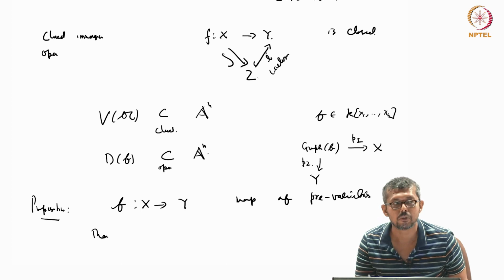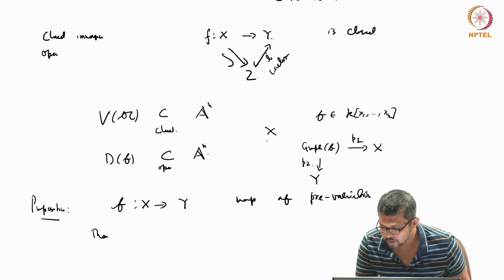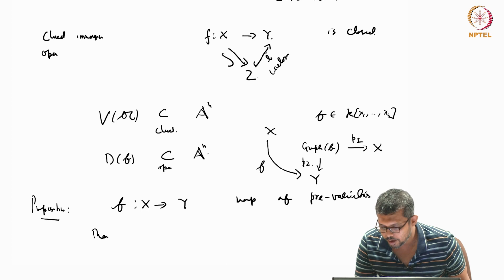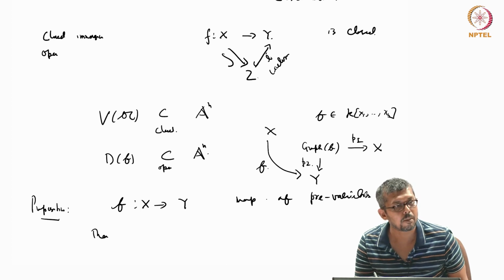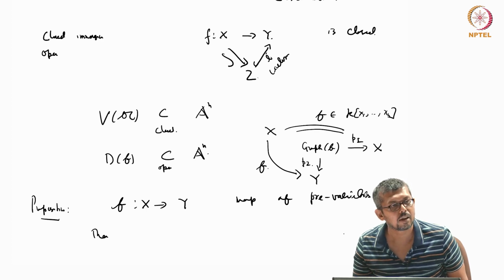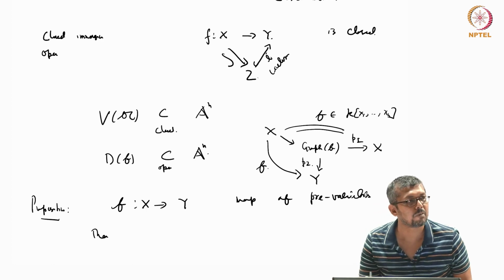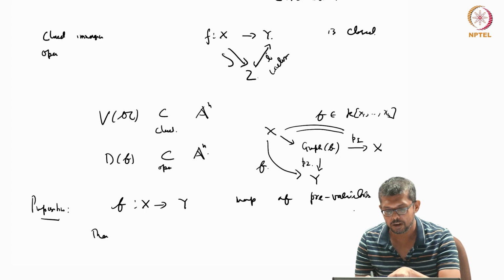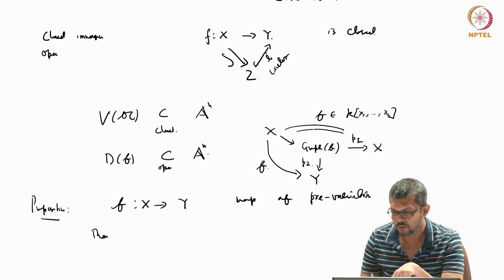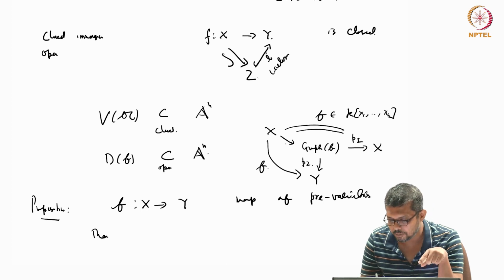P1 and P2. Now you have this map X to Y, the map which you started with, and you take the equality. Then you have a map from the universal property. The universal property will say that X to graph of f there is a map that you call, say, tau of f.